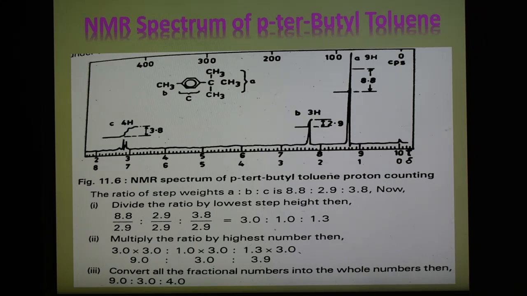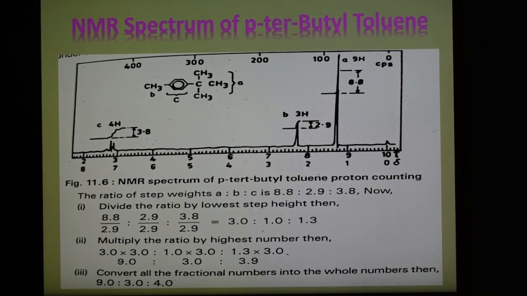So we can say that the compound is para-tertiary butyl toluene, and proton counting by NMR can be used in assigning the structure of the compound. Again I am repeating that proton counting by NMR can be used in assigning the structure of the compound. This is an example of para-tertiary butyl toluene.